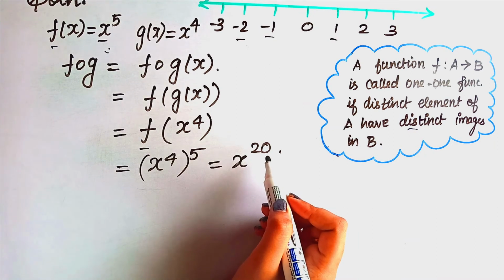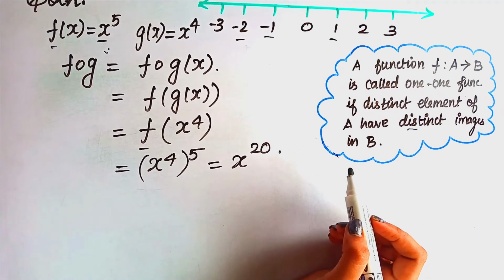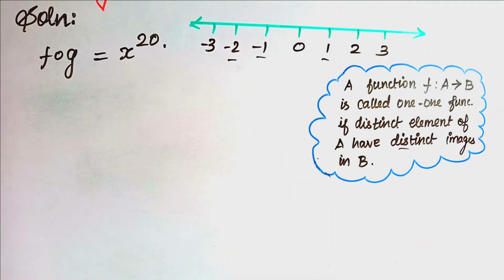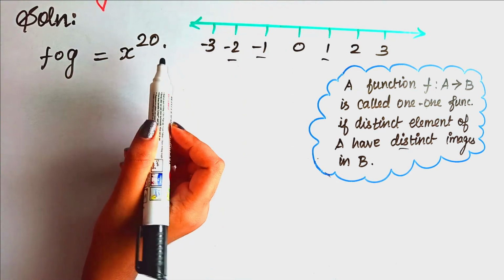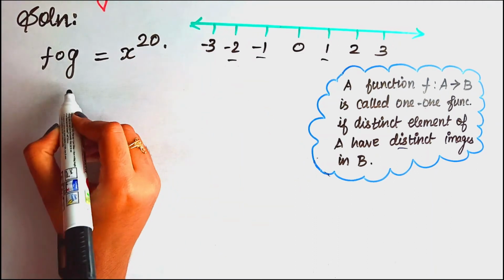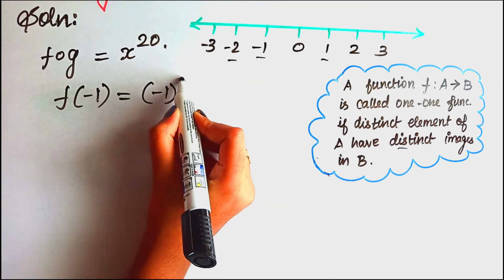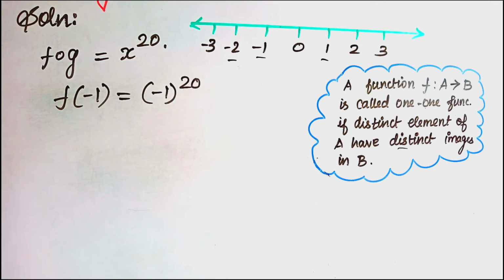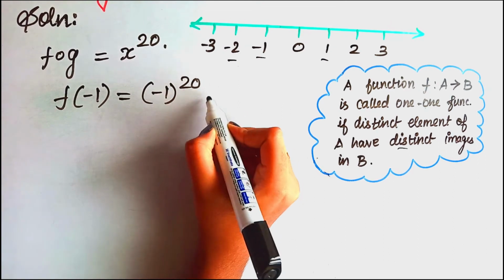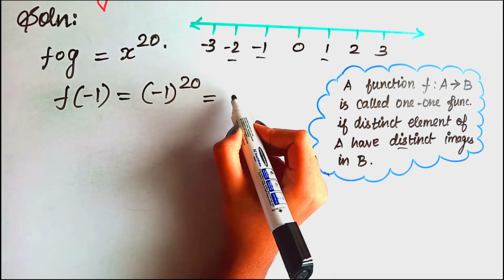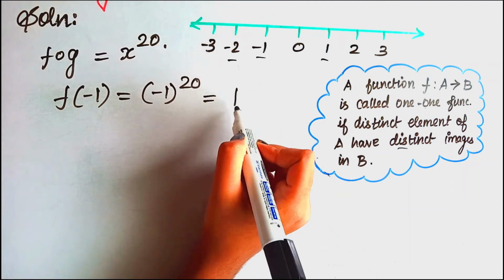So now let's check it once whether this is one-to-one or not. So we have found that f dot g is equal to x power 20. First let's substitute -1 here, so it will be -1 the whole power 20, and since the power is even, our answer will be positive, which means it will be 1.